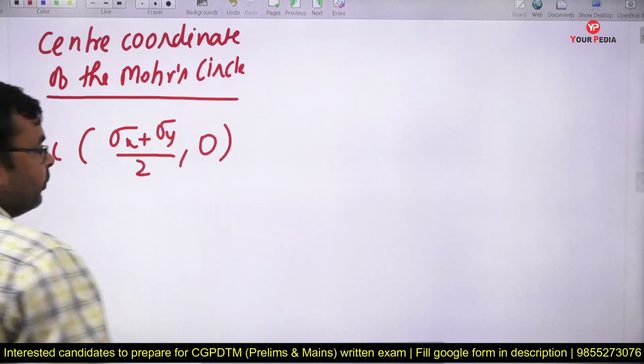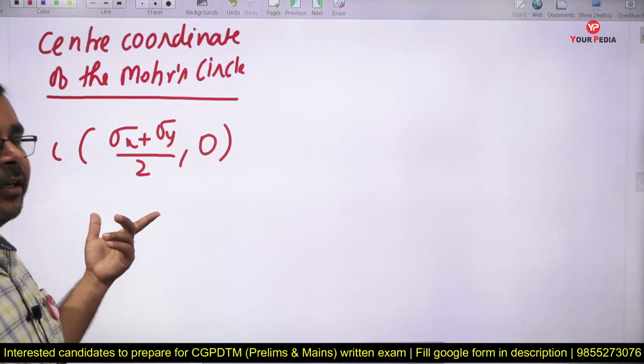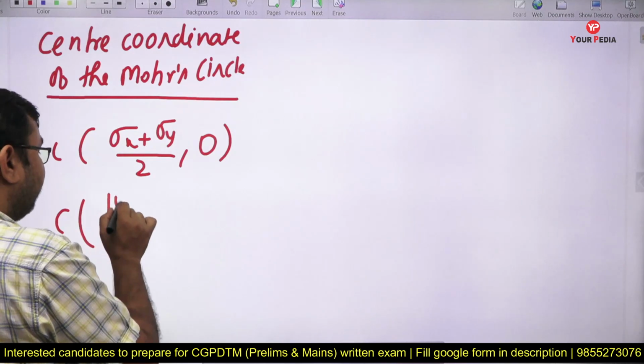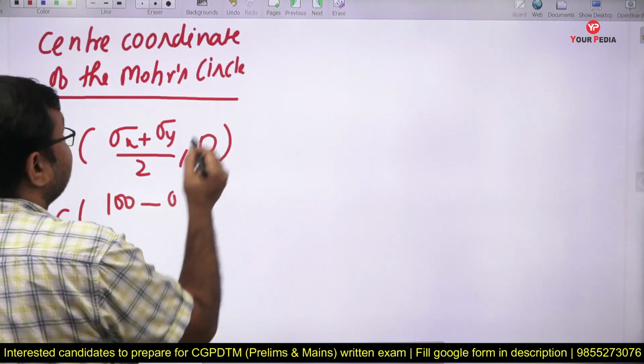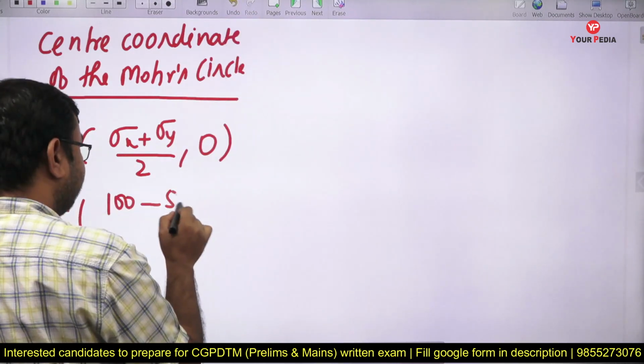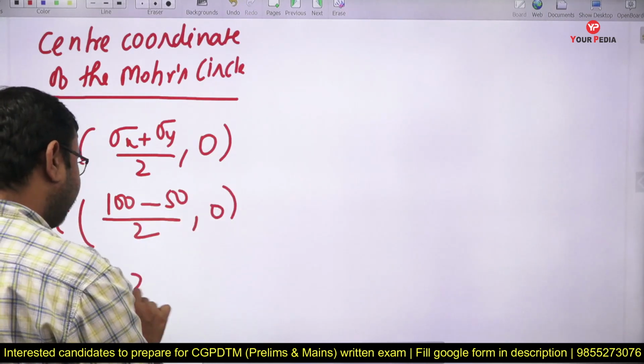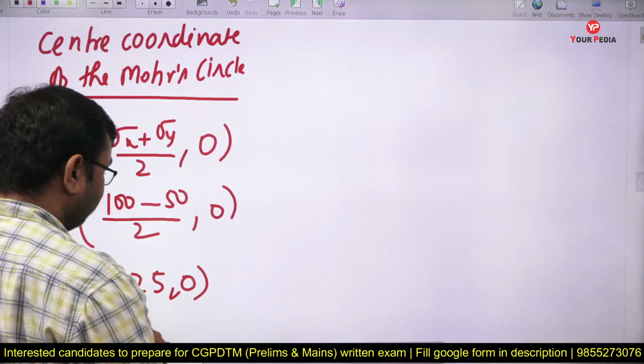Yes or no? We always represent the center coordinate with the help of this relation. Obviously you know sigma x is 100 megapascal, sigma y is minus 50 megapascal, so (sigma x plus sigma y) over 2 comma 0. Simply here we get 25 comma 0.